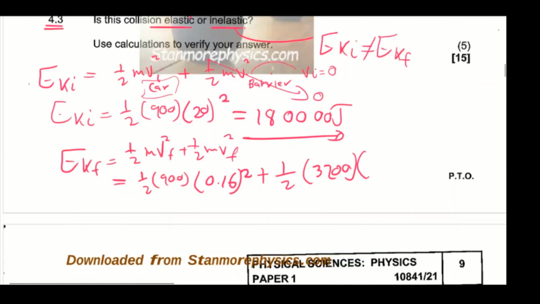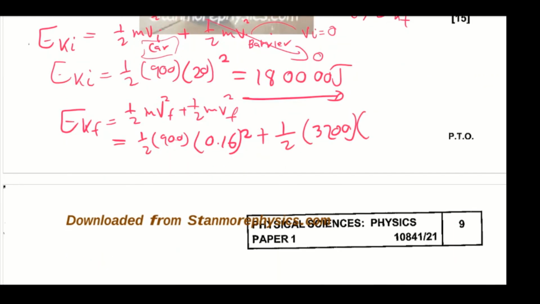So we substitute that velocity here, 5.67 squared, and the answer that I'm getting for this is 51,449.76.